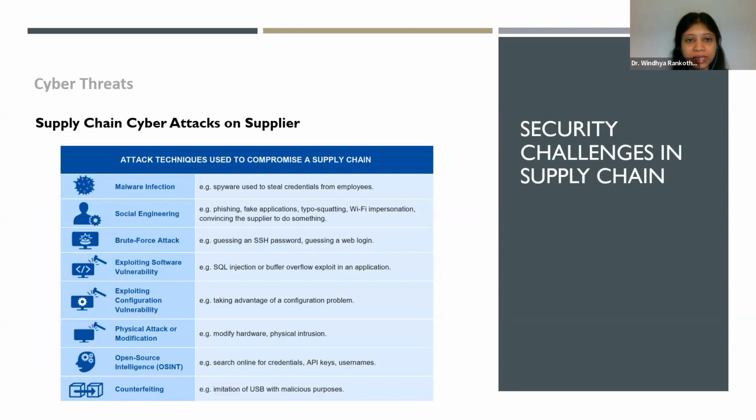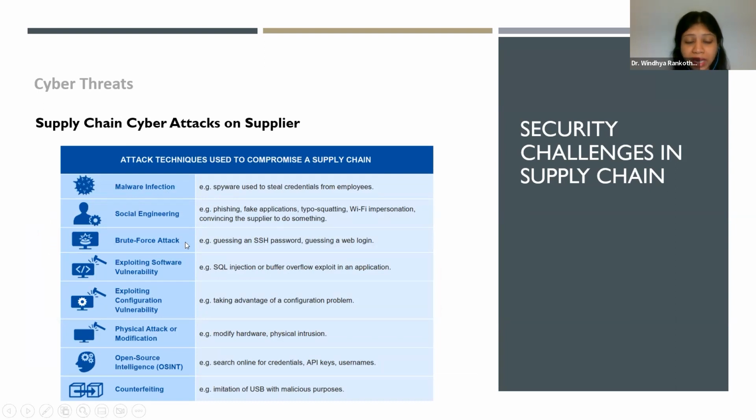And according to ENISA statistics, there are different techniques used by attackers to compromise the supplier side of the supply chain. Mostly they have used malware, malicious software like spyware to steal the credentials. And also they have used social engineering. They might try to pretend to be someone else and try to gain information like passwords, credit card information, phishing and fake applications type of things.